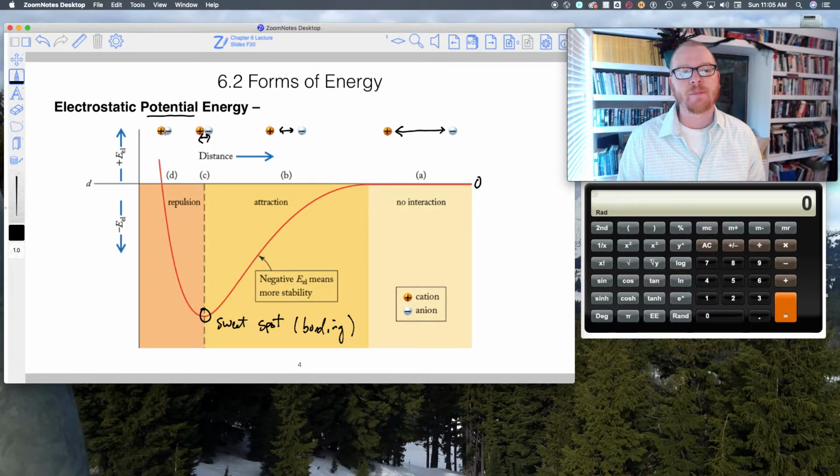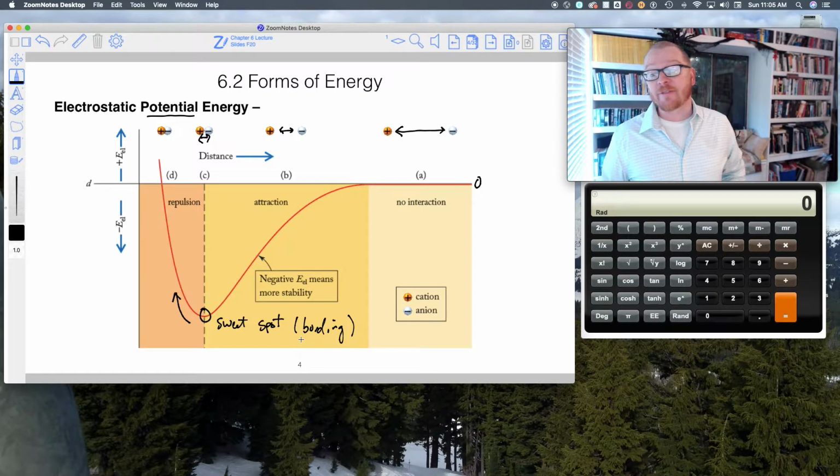And of course, if we get them closer, if we force them to be closer, they will start repelling each other. And they'll start repelling each other because we have to remember, even those negative charges, those negative anions, they still have a nucleus. And that nucleus still contains protons and neutrons.